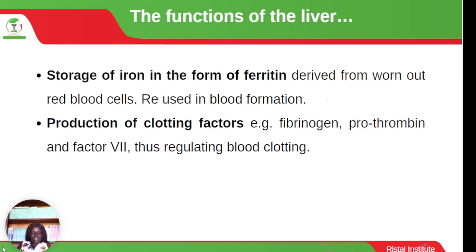The other function is storage of iron in the form of ferritin, derived from worn-out red blood cells, reused in blood formation. Production of clotting factors such as fibrinogen, prothrombin, and factor 7, thus regulating blood clotting.